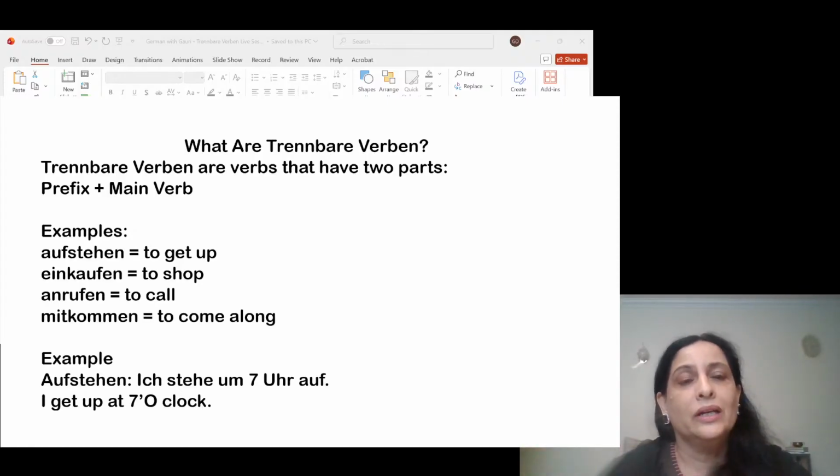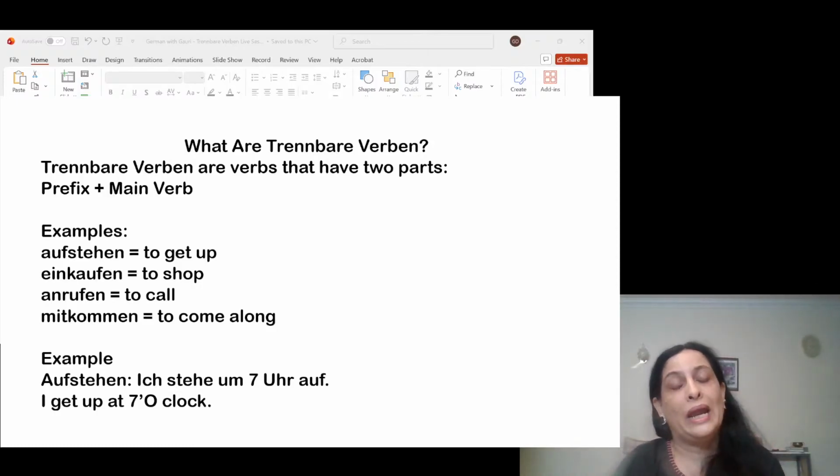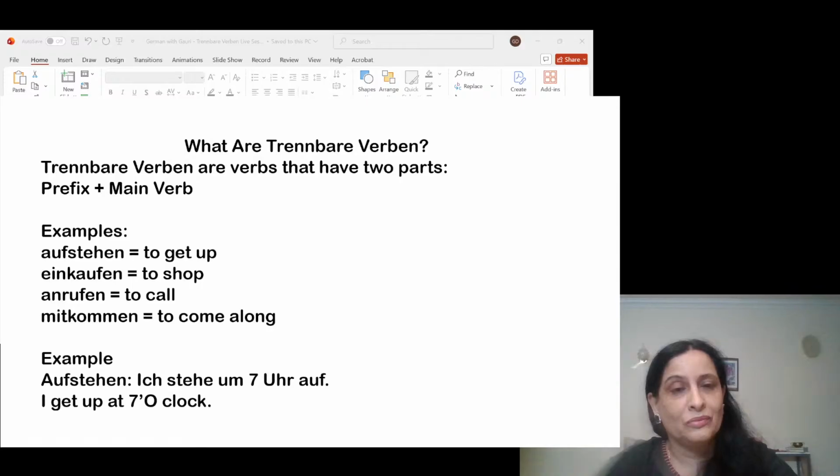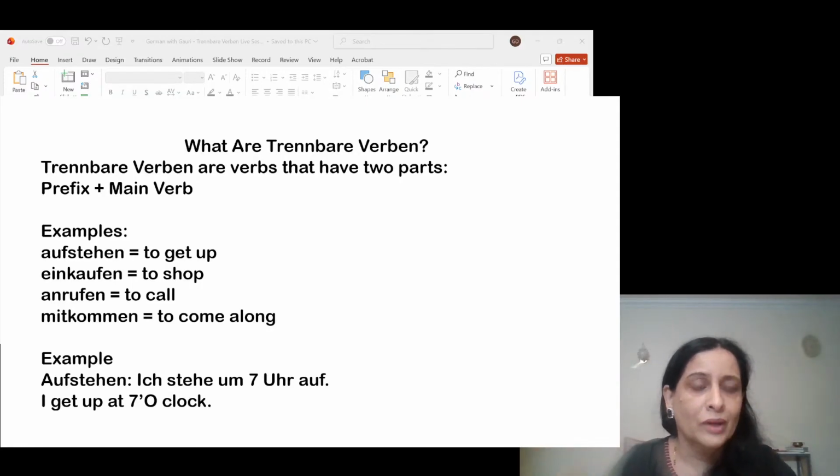The main thing in these separable verbs is that the prefix will go at the end of the sentence. The separable verb will split, and the main verb will be at the second position in a sentence, and the prefix will go at the end in a normal sentence. Is this clear? We'll see with examples, so it will be clearer for you.